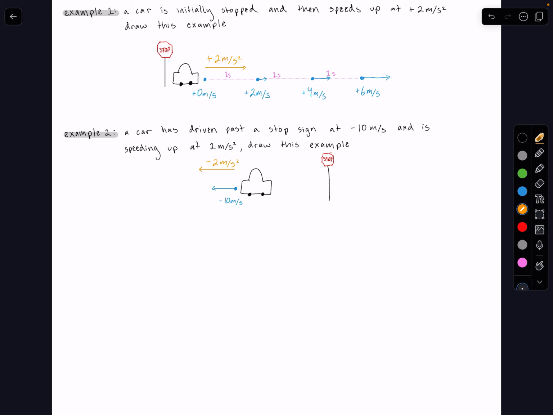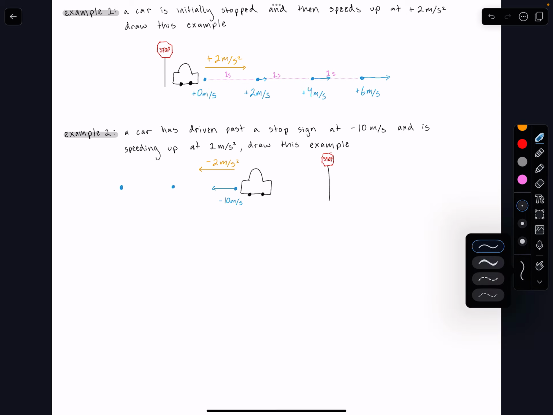And similar to my previous example, let me make some dots. Like this is after a second, this is after a second, etc. Let me draw this in pink. So here we go. This is 1 second, and this is 1 second.